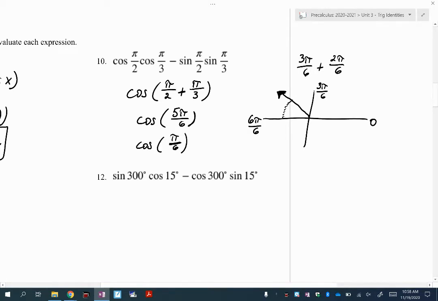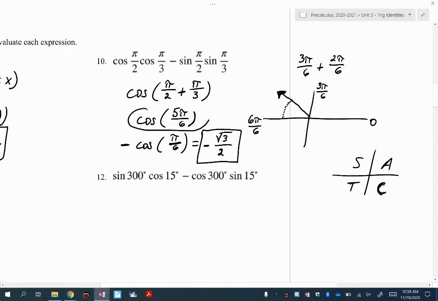And because, if I remember my All Students Take Classes, I'm in the second quadrant and I want cosine, I really need to find what this is and make it negative. So the cosine of pi over 6 is the same as 30 degrees. So the cosine of 30 degrees is the square root of 3 over 2. If I make it negative, I have my answer. But again, if you stopped with cosine of 5 pi over 6, that's fine too.